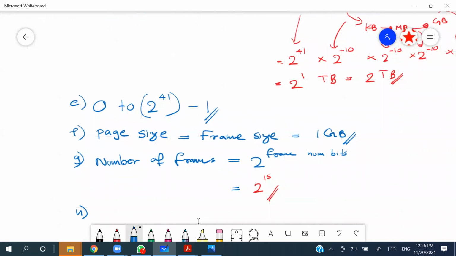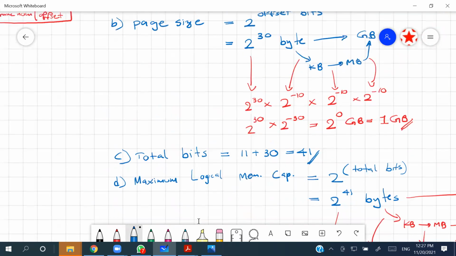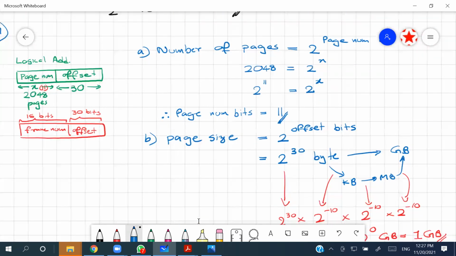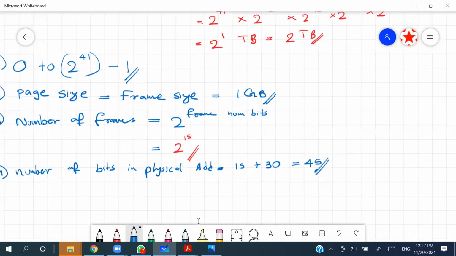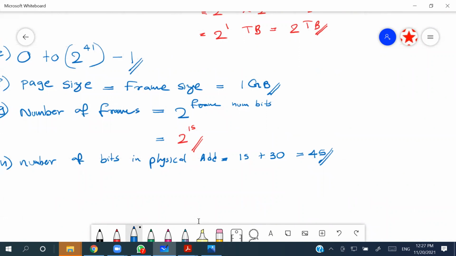So the number of bits in the physical address is 15 plus 30 equals 45. Isn't it so? Yes. Okay.